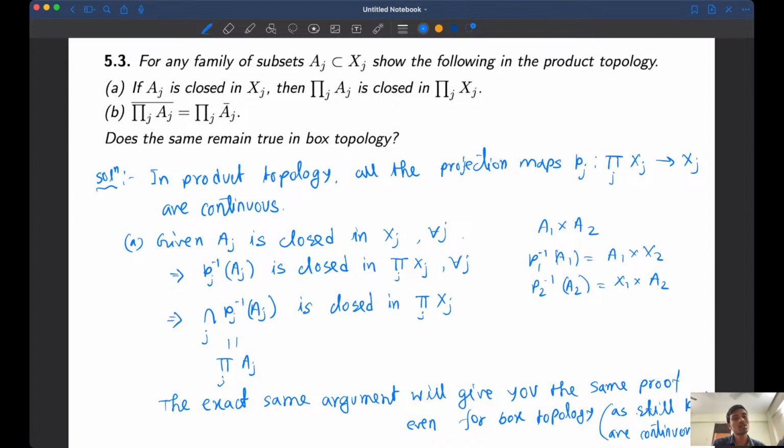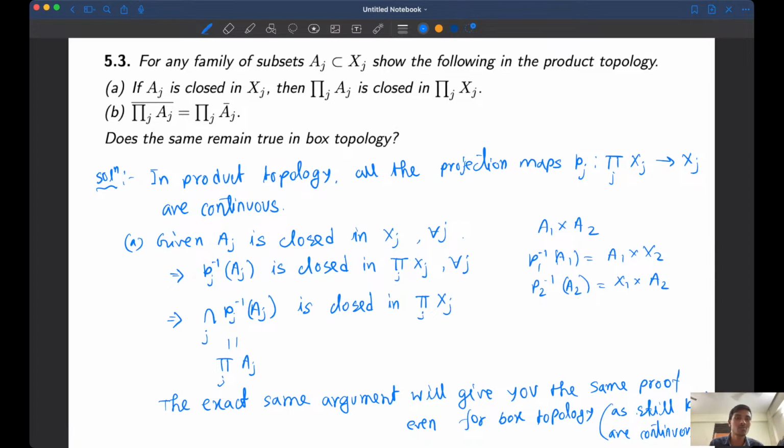And if you recall the other definition of closure, the closure of a set is the smallest closed set that contains that set, right? Now each aj is contained in its closure, so the product of aj is contained in the product of the closures. So I get a closed set that contains this set, and the closure of that set is the smallest one, so it has to be contained in that closed set. So this containment just follows from the fact that a product of closed sets is closed.